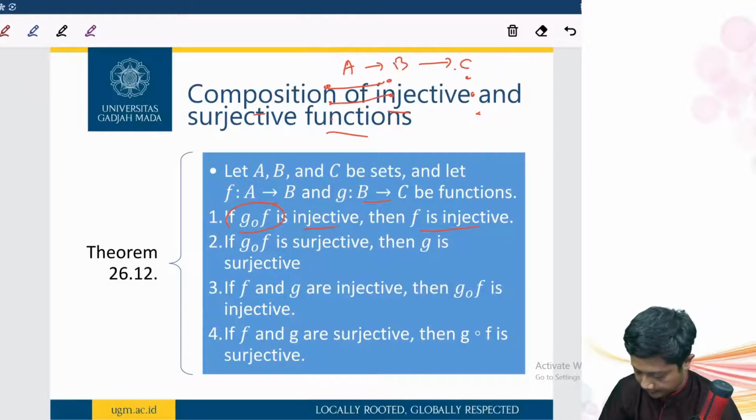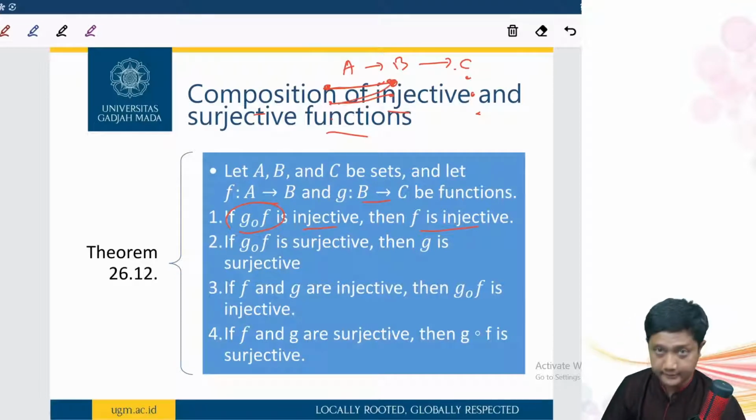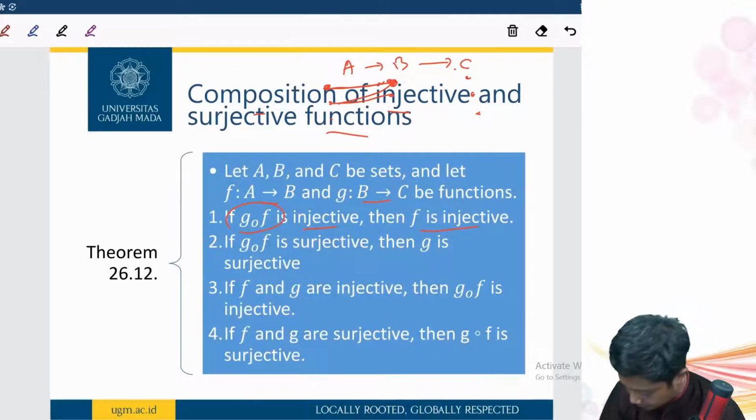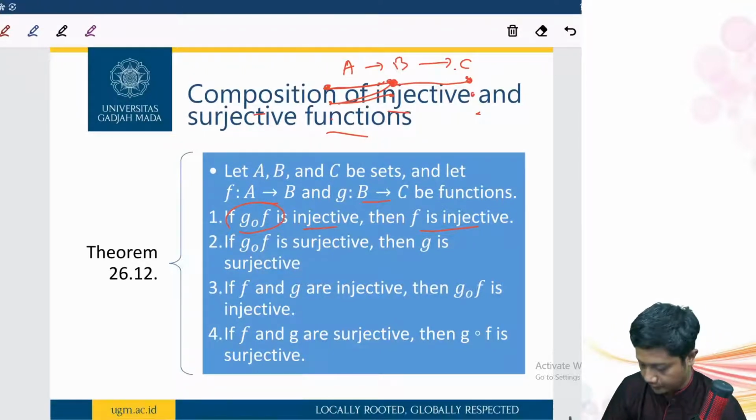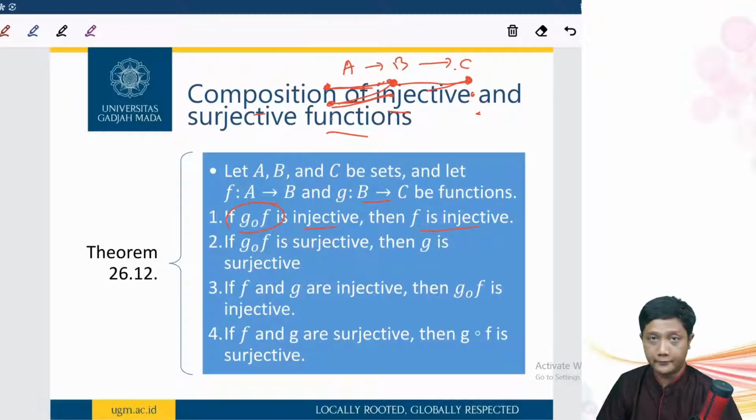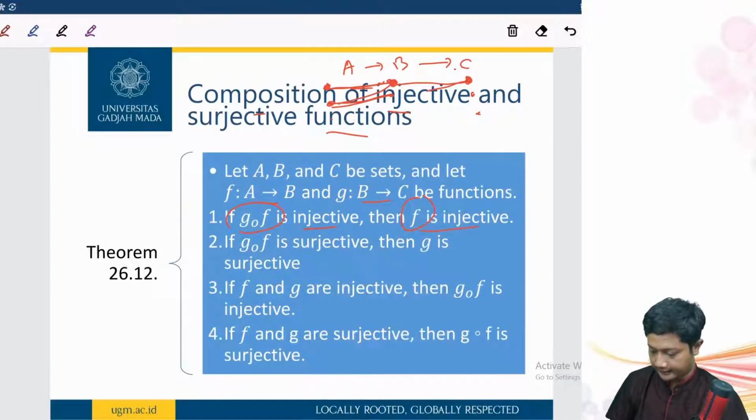Because if you have something like this, going to one element here, then because it is a function, it should go to a single unique element here. So we would have two elements going to the same object, so we have no choice, it should be injective. But it is not two-way.